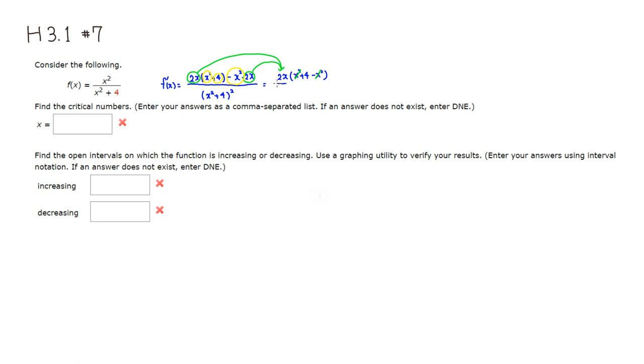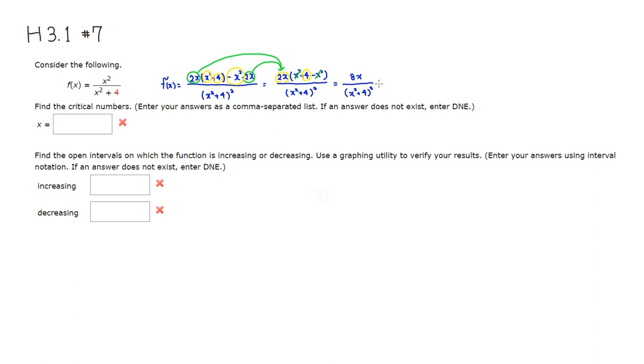The denominator is looking good, so I'm going to keep it as it is, x squared plus 4 squared. If you multiply 2x and 4, we get 8x on top over x squared plus 4 squared.